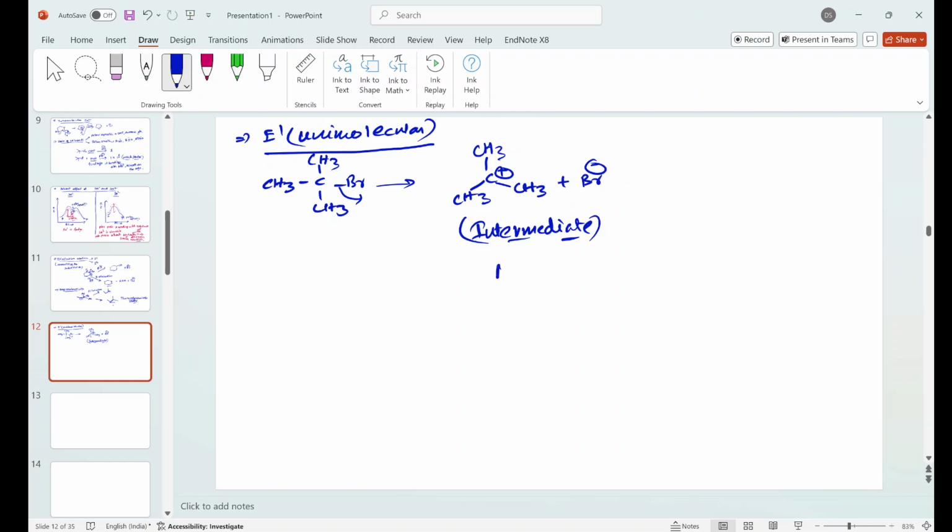And in the second step, what happens? Suppose I can write it like this: CH2 and H. Now, if you have a base here, then this proton can be abstracted. This electron density will fall on this bond, and you will have CH3, CH3, and CH2.